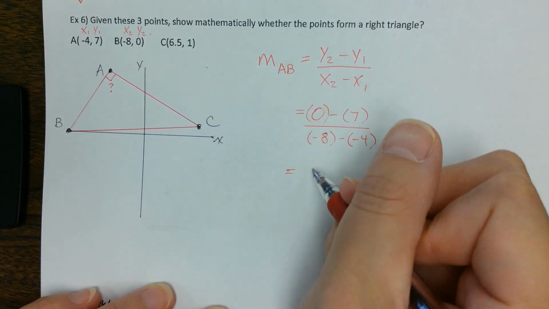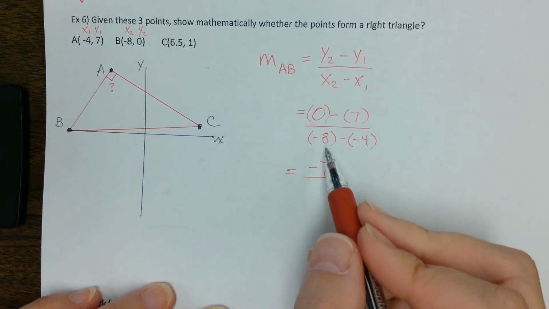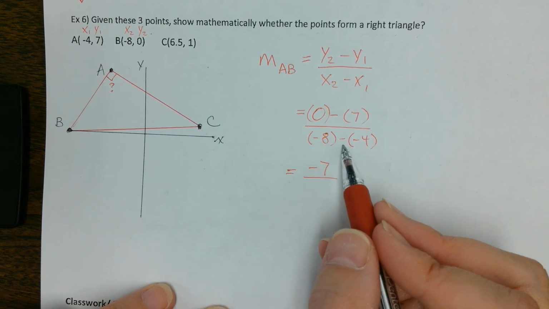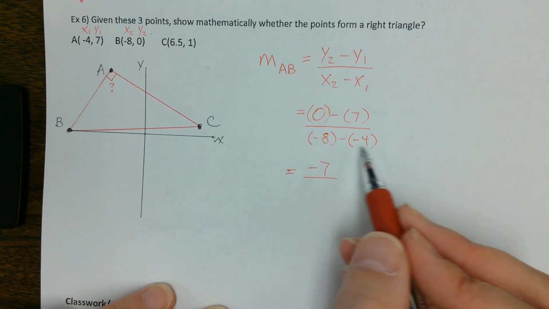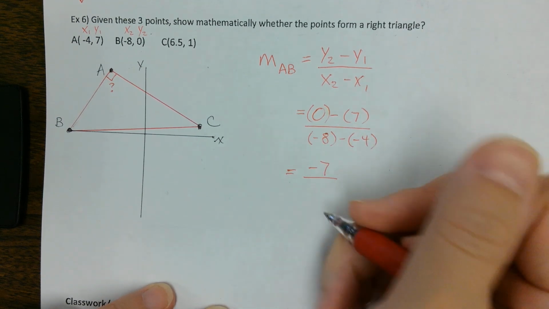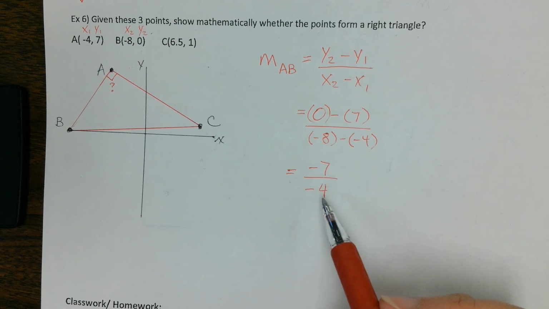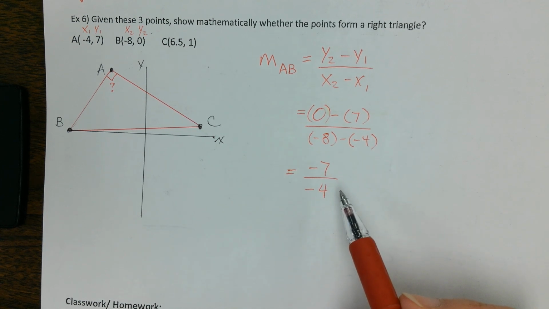Numerator: 0 minus 7 is negative 7. Denominator: negative 8 minus negative 4. What does this simplify to? Negative 4. Good. So negative 7 over negative 4.